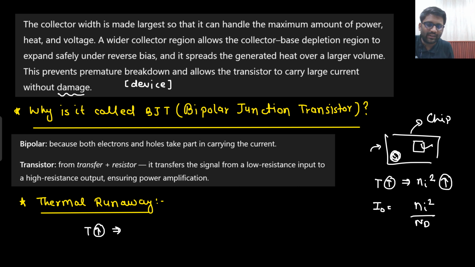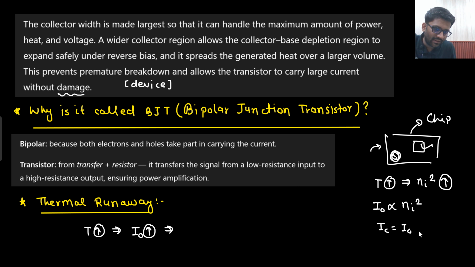So the reverse saturation current I naught is proportional to Ni square. So if temperature increases, then reverse saturation current increases. If your reverse saturation current increases, you know that IC is nothing but I naught e to the power forward bias by Vt minus 1. So if Ni square increases, then I naught increases, then IC will increase.